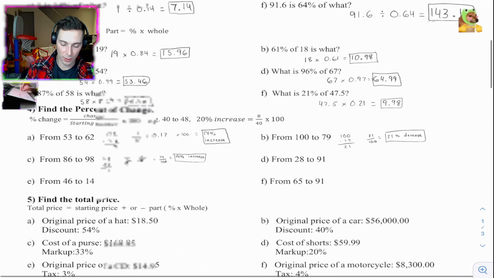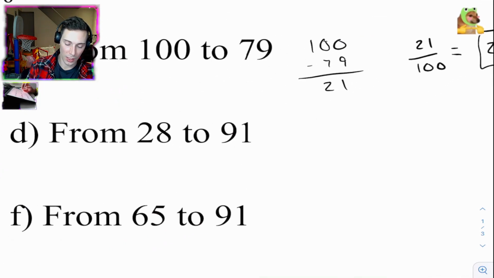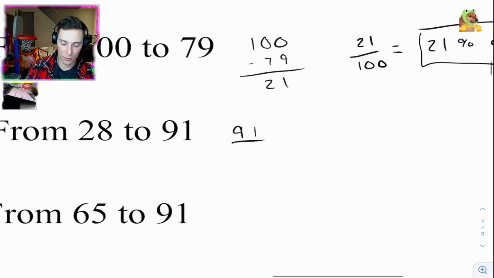Assignment question 4D. 28 to 91. Whoa, 91. Subtract 28.